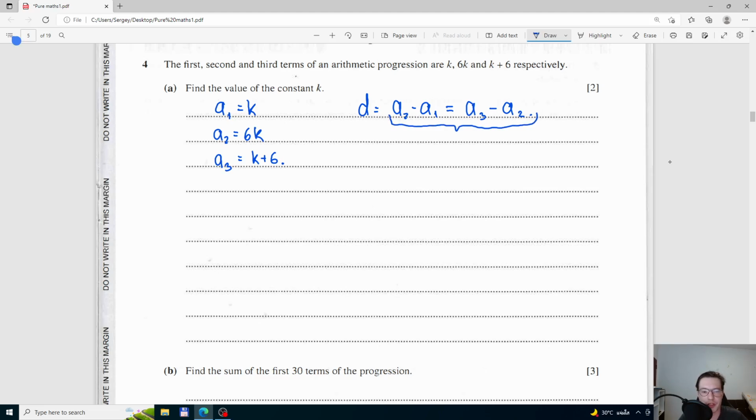So I'll just do 6k minus k equals k plus 6 minus 6k, which gives me 5k equals minus 5k plus 6, and I will solve it for k. k equals 0.6.